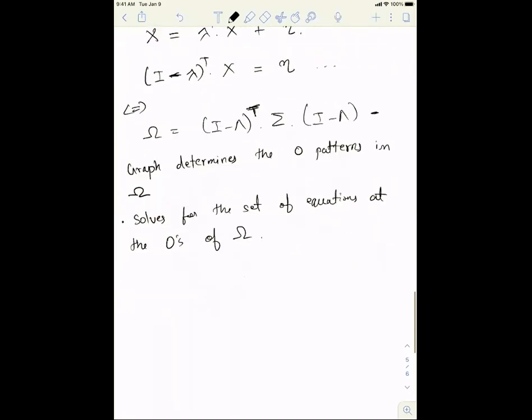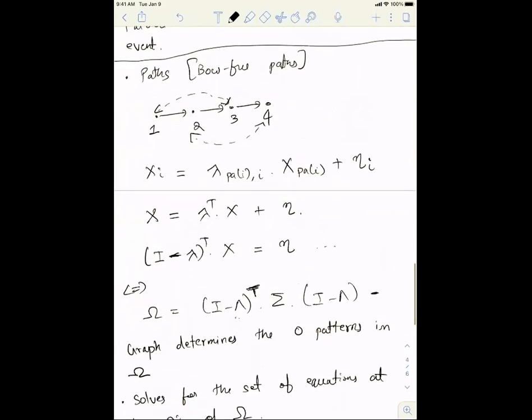So how do we do this? The problem here is that all of these lambdas are unknown, but given the bow-free nature, and here it's a path, you can solve it in an iterative, or inductive, fashion. First you solve for lambda 1,2. Then you use the computed value of lambda 1,2 to solve for lambda 2,3.